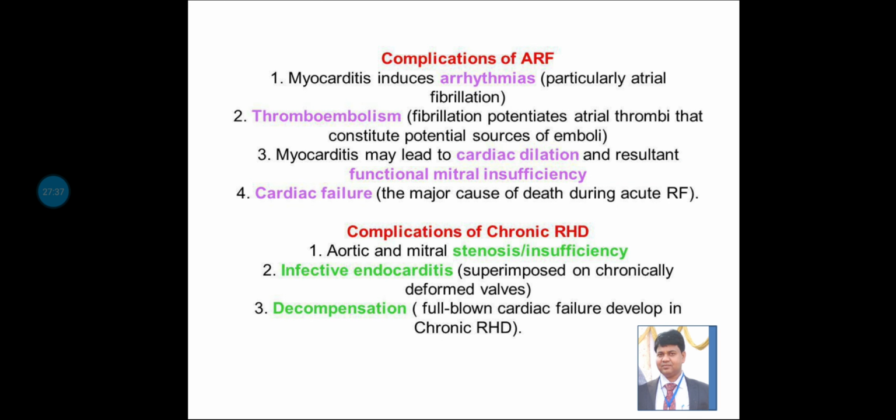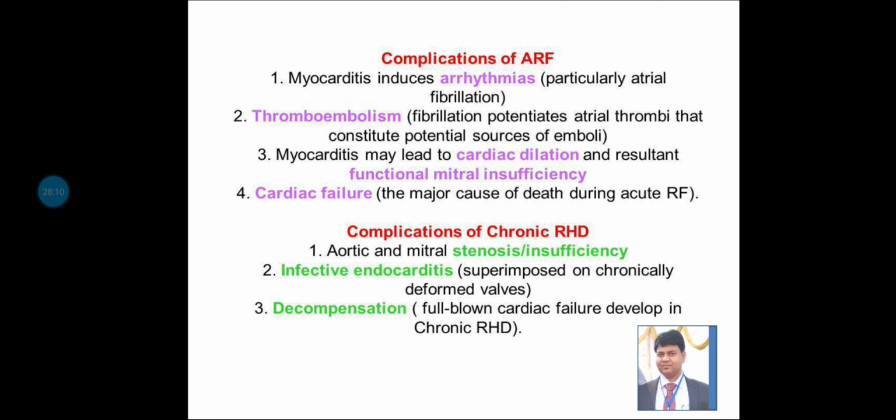If we go through the complications of rheumatic fever, acute rheumatic fever shows complications such as myocarditis-induced arrhythmias, particularly atrial fibrillation. Thromboembolism is seen in the left atrium due to the high jets of regurgitation because of mitral stenosis.